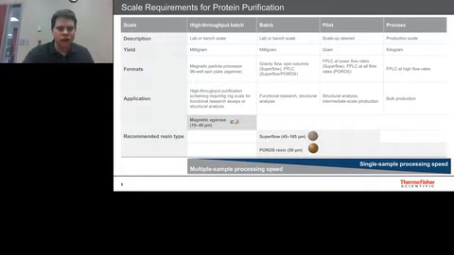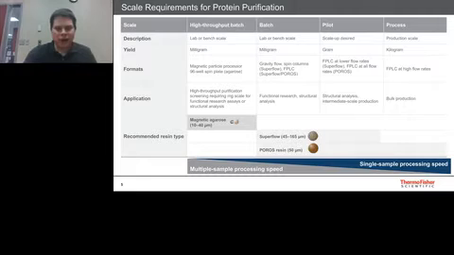This table shown here provides guidance on our definitions of protein purification scales and throughput needs. For customers requiring batch purification at all throughputs, we recommend magnetic agarose. The support's ideal for automated scouting of conditions for protein purification.